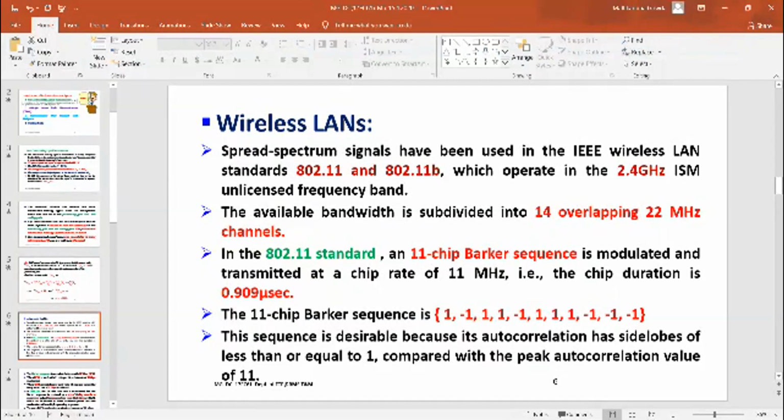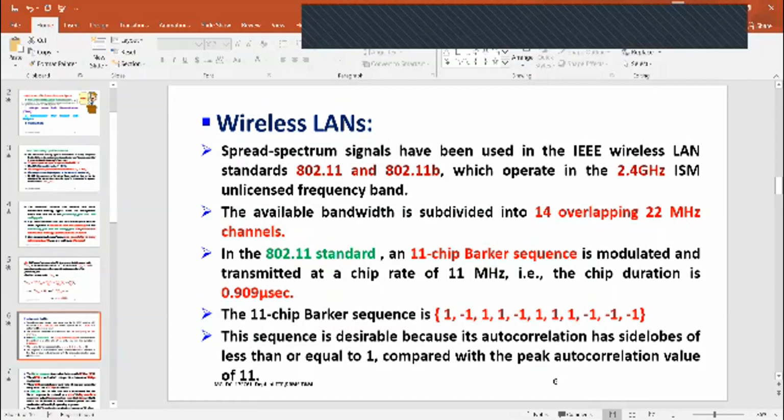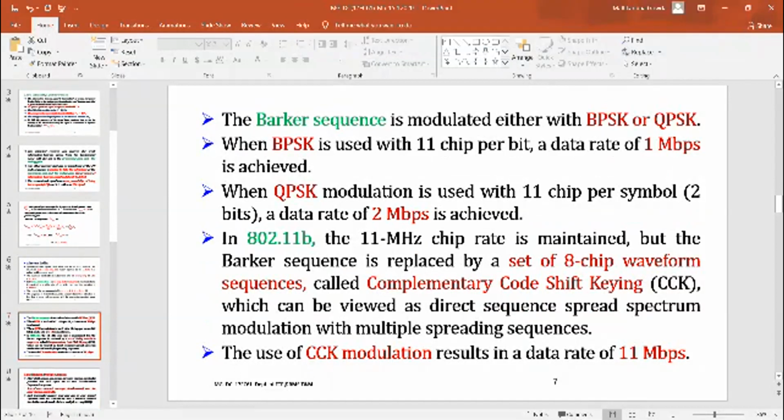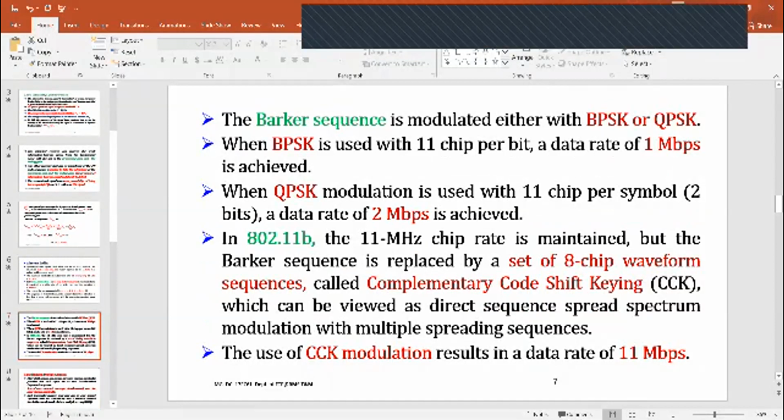If I use BPSK modulation with this sequence, it is possible to achieve a data rate of 1 Mbps, with 11 chips per bit. And if I use QPSK modulation, with 11 chips per symbol, it is possible to achieve a data rate of 2 Mbps.